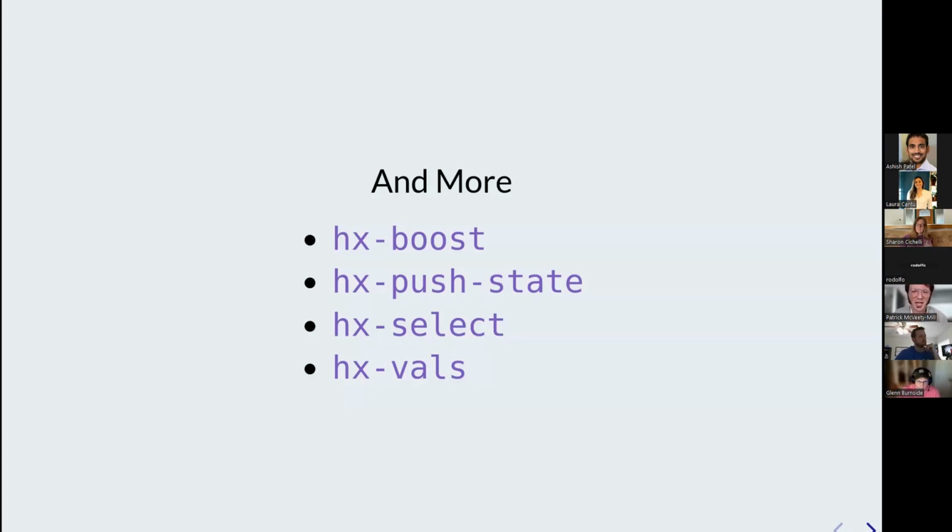So let's do that. Select lets you filter down to only a certain part of the response. So instead of returning a partial, you might get the whole page and say, okay, just give me this div and swap it here. I think it's good to adopt that writing partials, deciding between a partial and a full page paradigm.